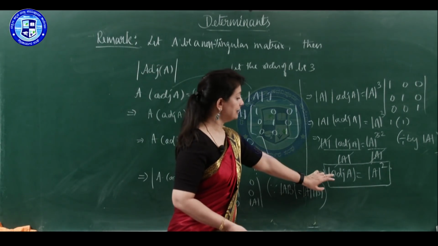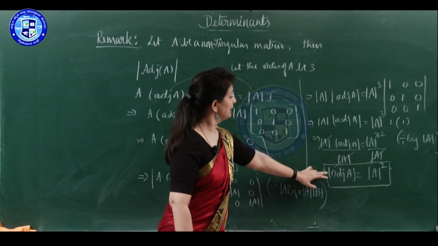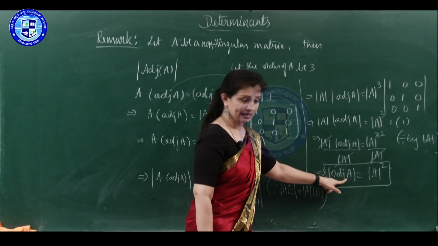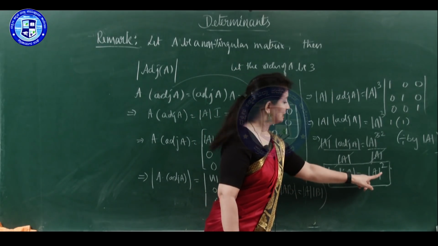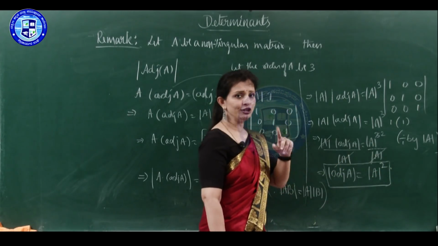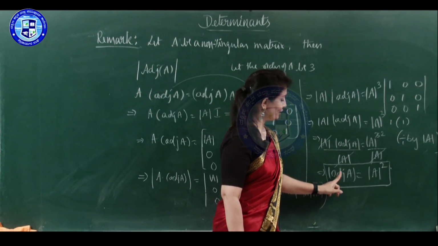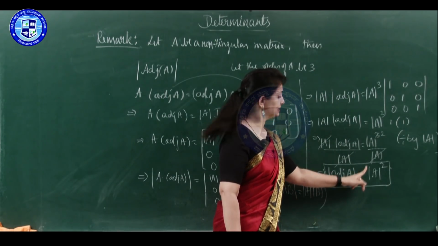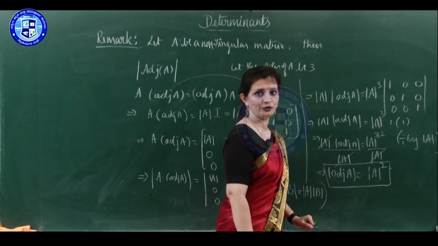What is then the determinant of adjoint A? How can you write the determinant of adjoint A? If A is a square matrix of order n, then determinant of adjoint A is equal to determinant A to the power n minus 1. Look at this. If A is a square matrix of order 3, then the determinant of adjoint A is determinant of A to the power 3 minus 1, that is 2 you get.